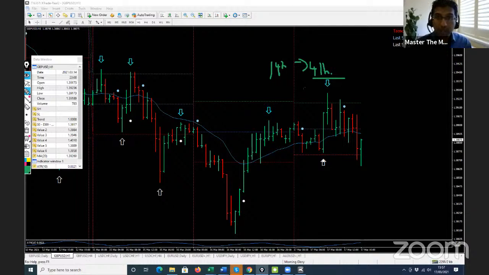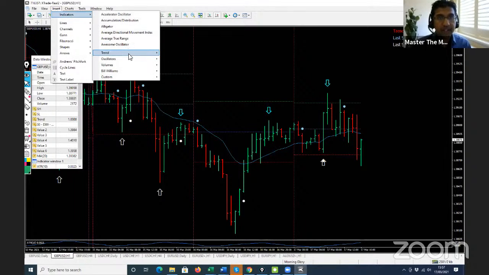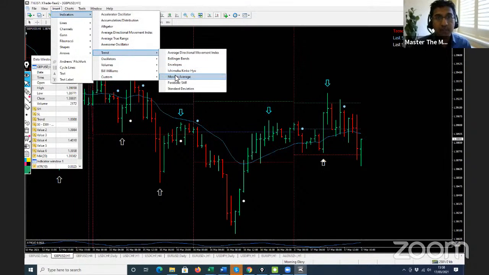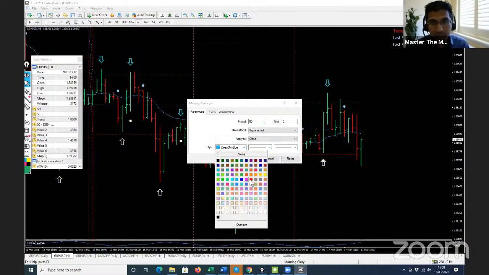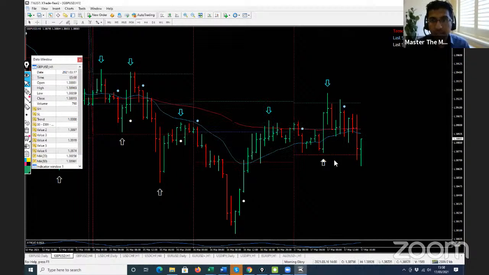So a 20 moving average on a 4 hour time frame will equate to 80 1 hour bars. So I would insert indicators, go to trend, go to the moving average, and change this to 80. Let's put that as a red one.